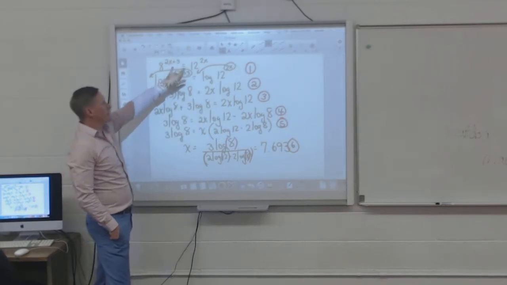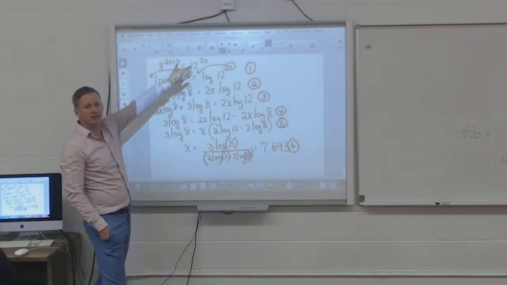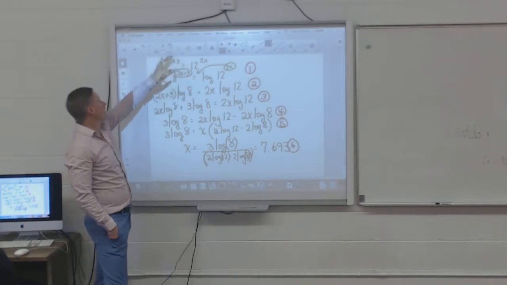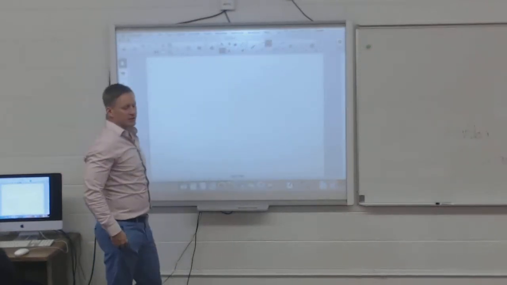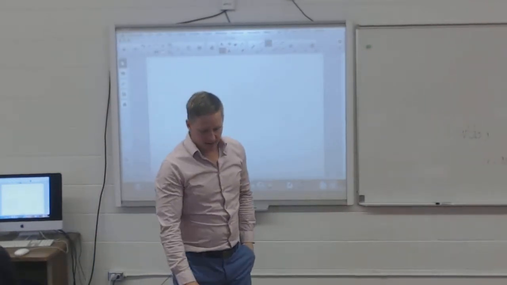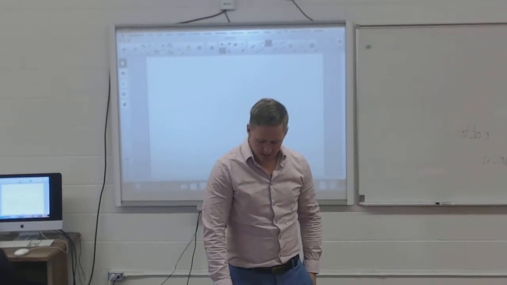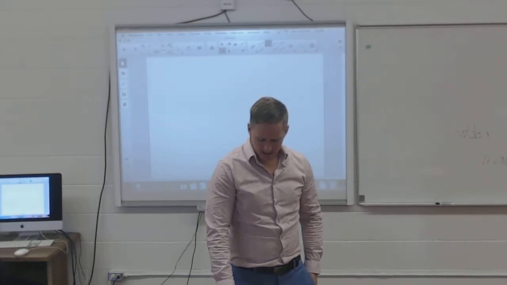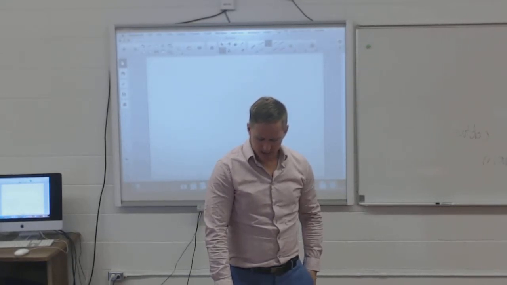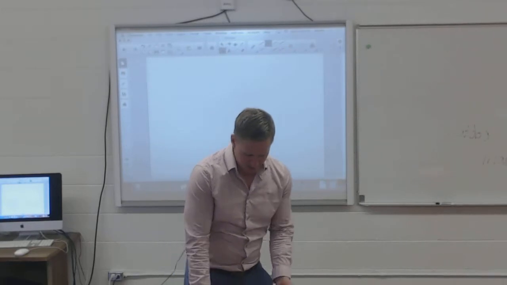This is when you have exponents that you need to move to the front, so you take the log of both sides. Question 7 is when you have logs and you want to change them to exponential. I'm going to go right to D actually. I'll do that one with you.